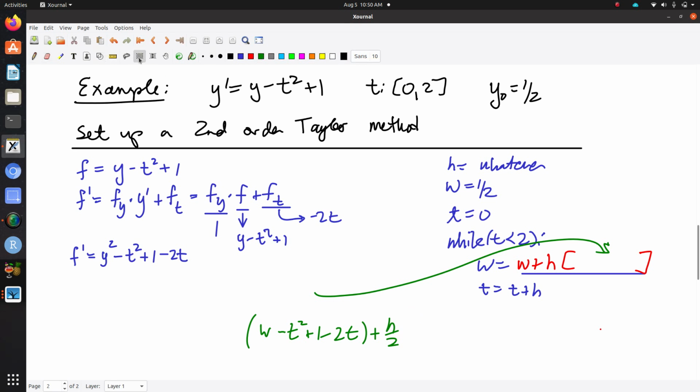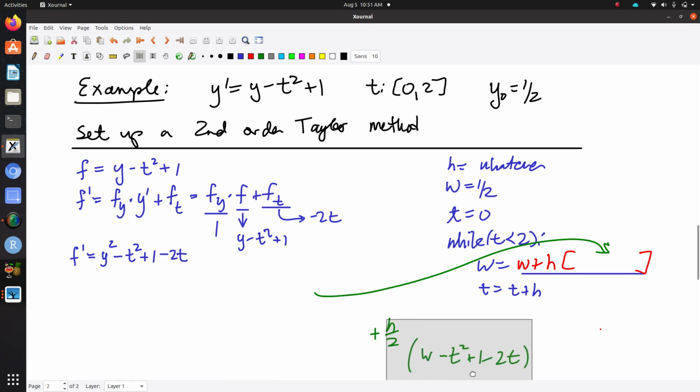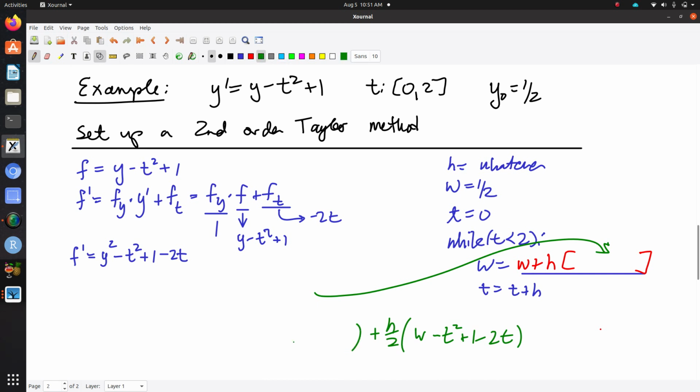I put the f prime part in the wrong place here. This goes over here, and I need to put the f part, the original f we had to begin with, w minus t squared plus 1. So all that stuff is going to be multiplied by h.